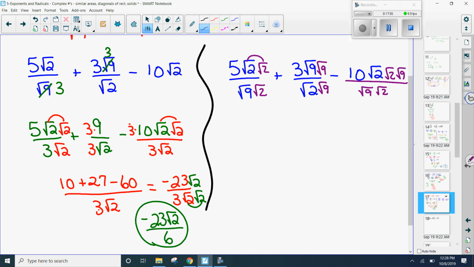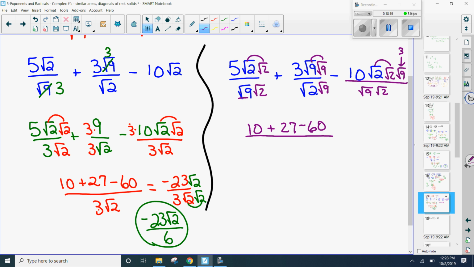Right here, what are you going to get? You're going to get 2 times 5, which is 10. The next one, you're going to get 9 times 3, which is 27. And the next one, you have a pair of 2's here. So you get 20 times, and this right here has a value of 3, which is going to make it be 60.